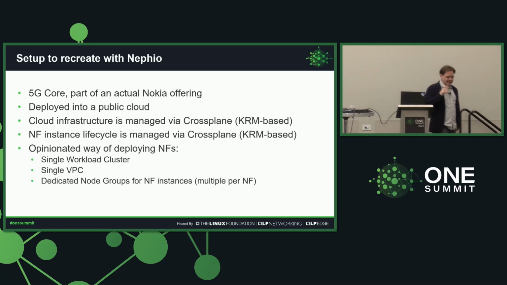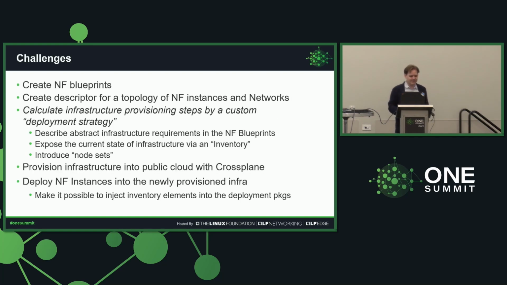Even more, each and every network function instance was typically deployed into multiple dedicated node groups. The whole thing was connected by subnets in a single VPC. That was the deployment strategy that I also tried to recreate.